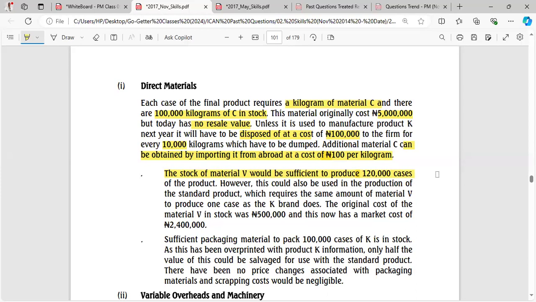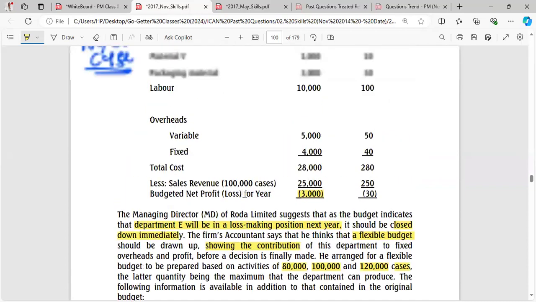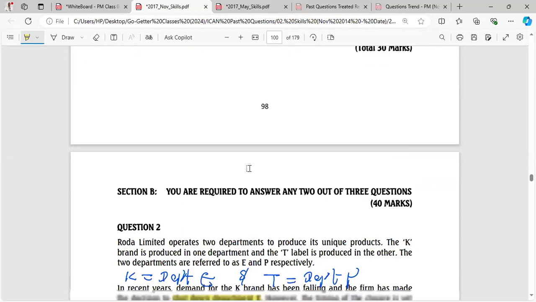Now they said what is available in stock can produce 120 cases, meaning that it can also produce 100,000 cases. However, this could also be used in the production of the standard product. Now, you know there are two kinds of products here.